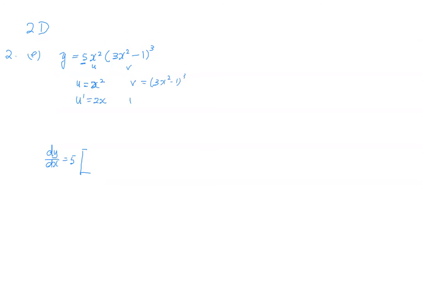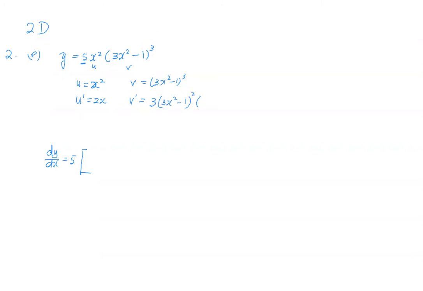So this one I have to use chain rule. Okay, just to test you. Hafiz, can I have the derivative of V? 3 times 3x squared minus 1 power of 2 times 3x. Is it 3x? 6x.